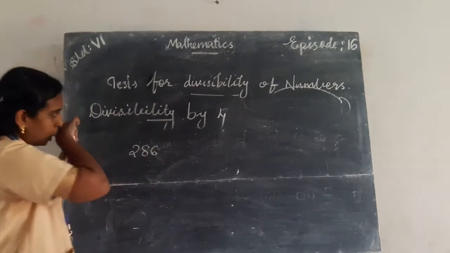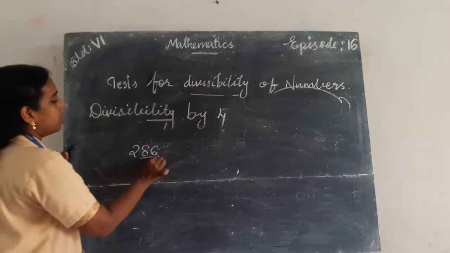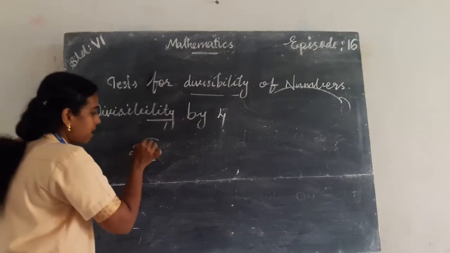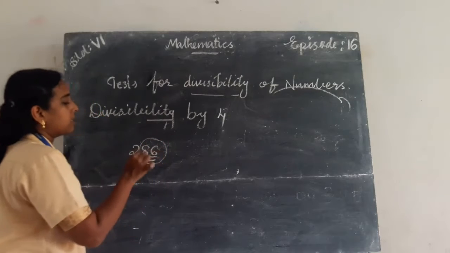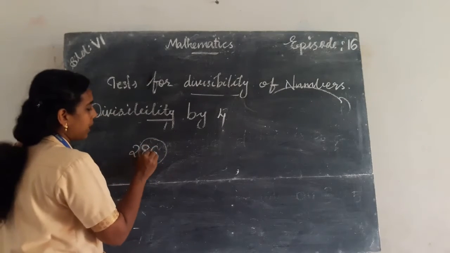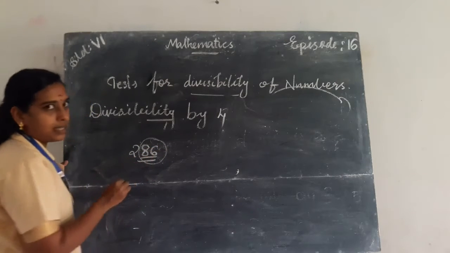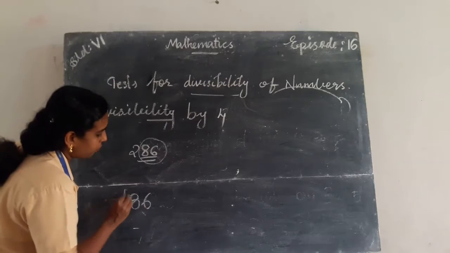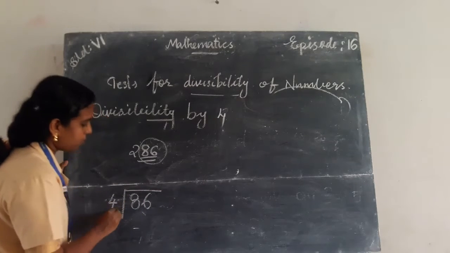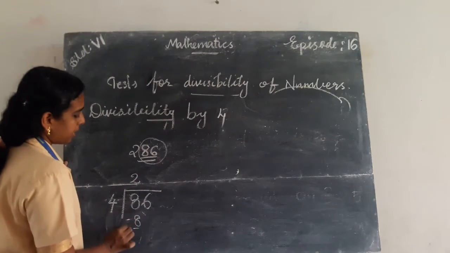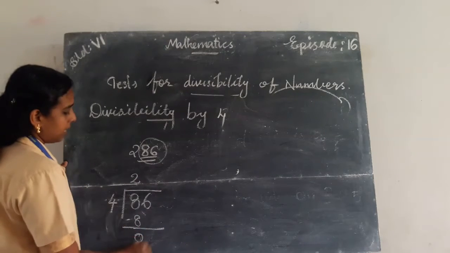286. To check whether this number is divisible by 4 or not, we take the last two digits, that is the digits at the ones and tens positions. Here the last two digits are 8 and 6, so we take 86 and check whether 86 is divisible by 4. 86 divided by 4: 2 fours are 8, and 8 minus 8 is 0.